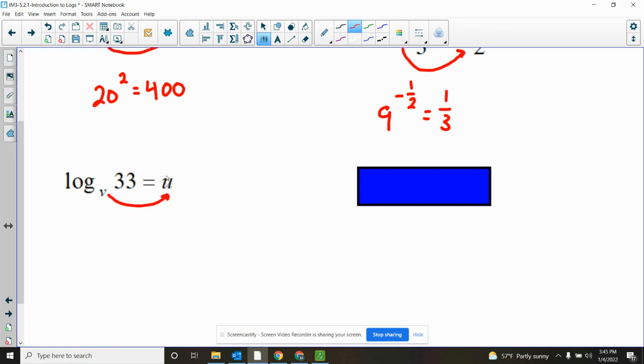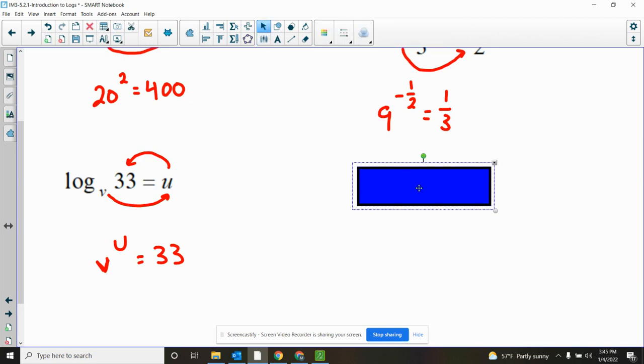The exponent is what the logarithm gives us, and that then is going to be equal to that end result of 33. So v to the power of u, make my v point here, is equal to 33. Note that these are both saying the same thing. If you put an exponent of u on the v, you get 33.